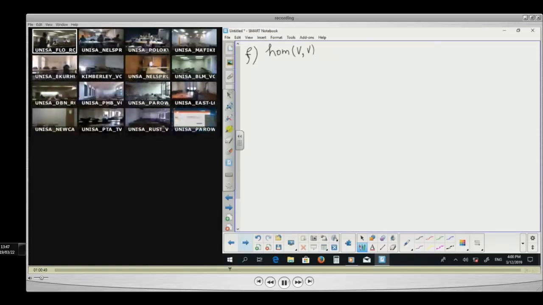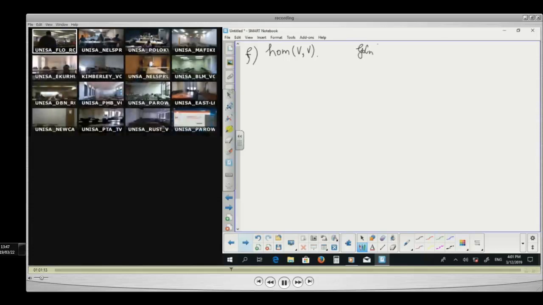And now, since these are all linear transformations from V to V, I can compose any two. And the square matrices over R, I can add them and I can multiply them.